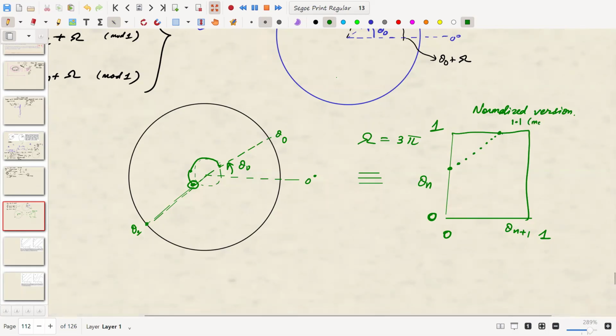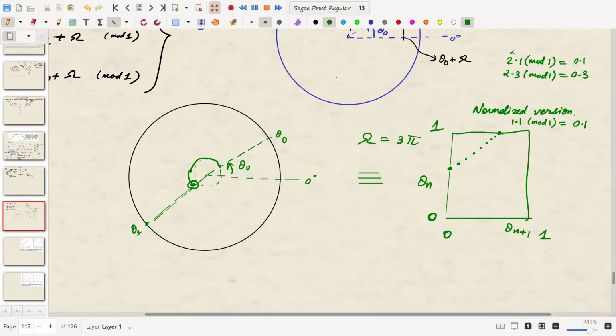Then due to mod 1, what will be the output? 0.1. Just take the decimal part. If it is 2.1, what is 2.1 mod 1? Eliminate 2, that is just 0.1. What is 2.3 mod 1? 0.3. Is it? What do you think?